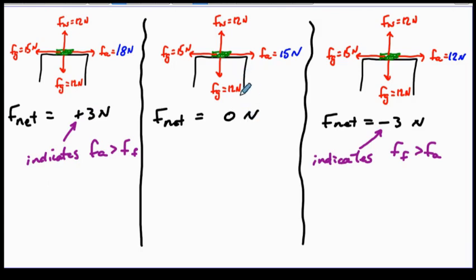In the middle diagram, you'll notice that the net force is equal to 0 because the frictional force is 15 and the applied force is 15. In the third diagram, you'll notice that the frictional force is greater than the applied force, so we have a negative 3 newtons. Once again, the positive and negative indicate which one is larger, the applied force or the frictional force.